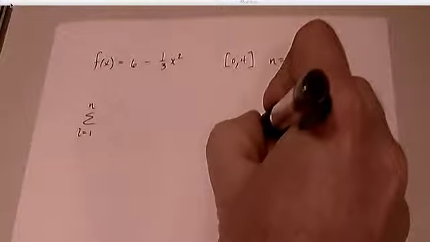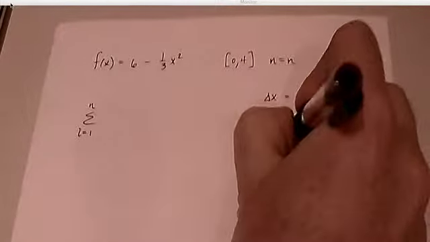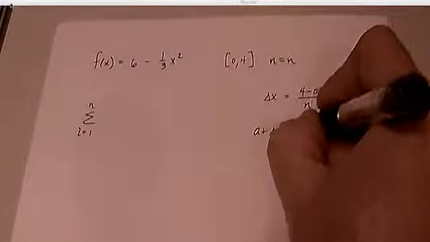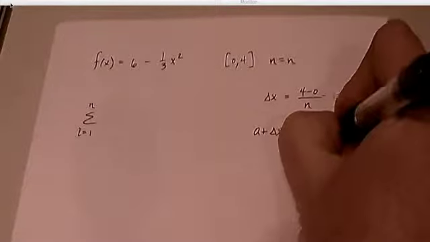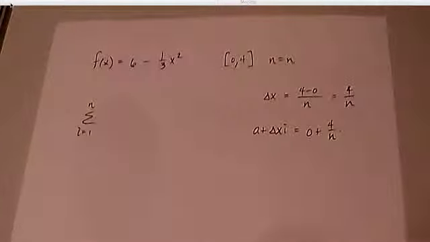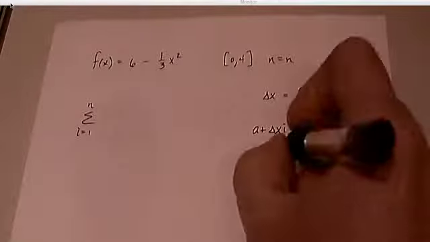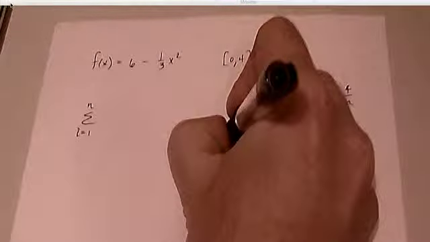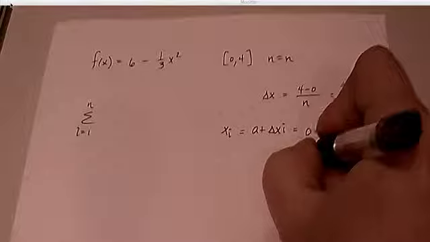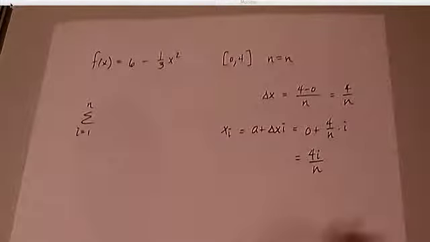I know that a plus delta x i is now going to be 0 plus 4 over n times i, and of course that's your x sub i, or 4i over n.